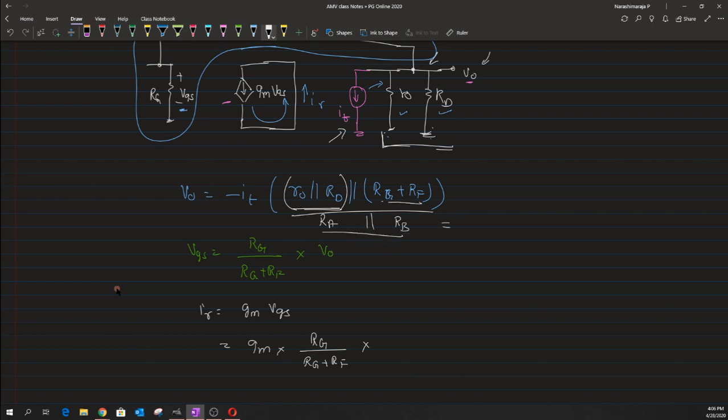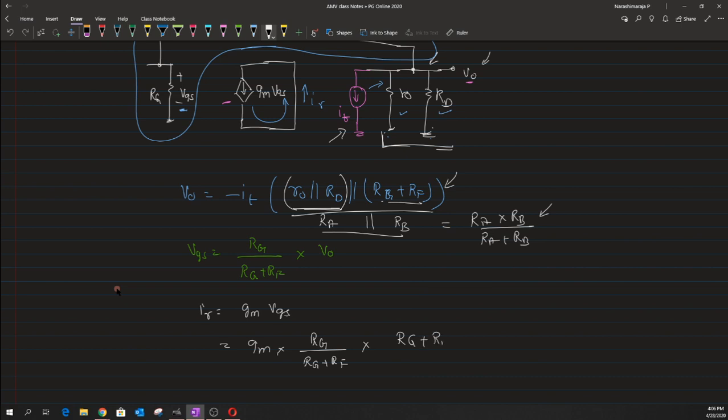When we have two resistors in parallel, we know that it can be written as RA into RB divided by RA plus RB. So let me write the expression inside these braces in this form, so that there will be a few common terms that one could use to cancel out.